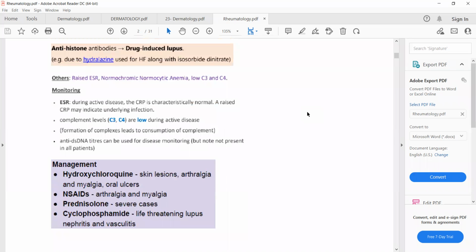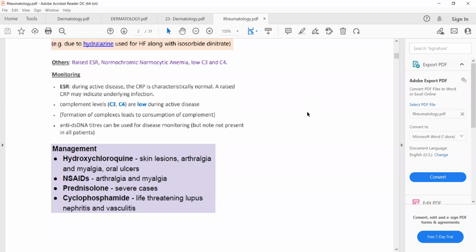Management of SLE: if there are skin lesions such as malar rash or discoid rash or photosensitivity, arthralgia or joint pain, myalgia and oral ulcers, then hydroxychloroquine or HCQ will be used, and NSAIDs can also be used along with hydroxychloroquine for pain management.